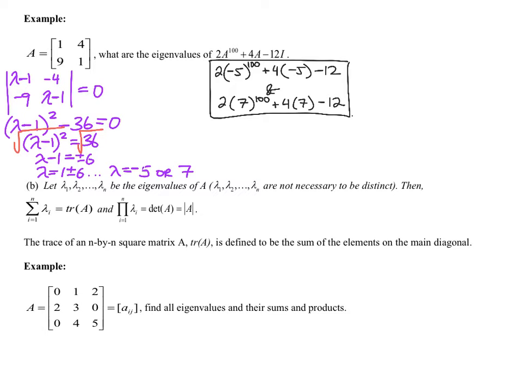The second property on the sheet here is talking about the sum of the eigenvalues being equal to the trace of A, and the product of the eigenvalues being equal to the determinant of matrix A. So if you know the determinant of a particular matrix, then you know what the product of those eigenvalues is.